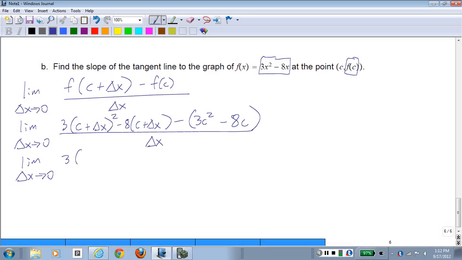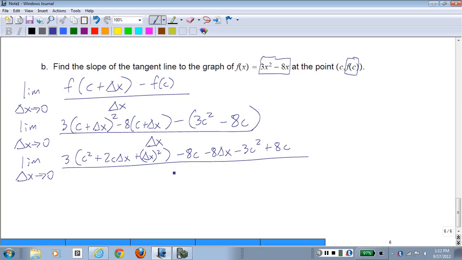So the tough algebra: c squared plus, it's going to be the product, c times delta x times 2, so 2c delta x, plus what we get when we square the delta x, minus 8c, minus 8 delta x, minus 3c squared plus 8c.